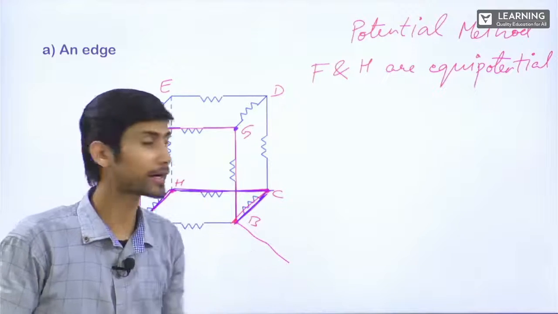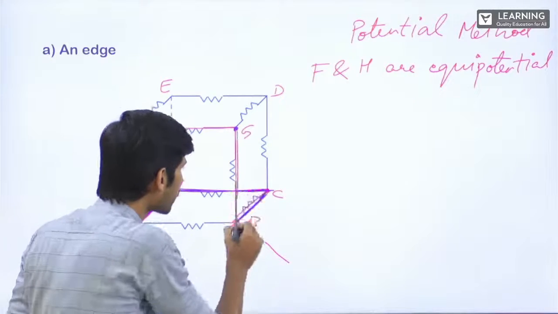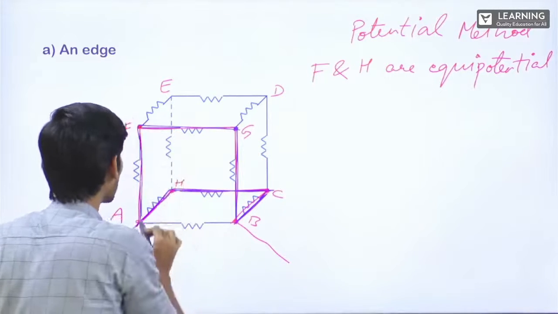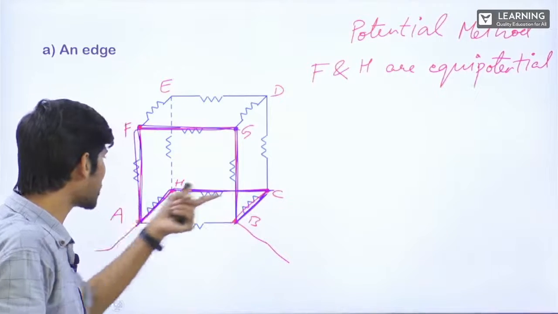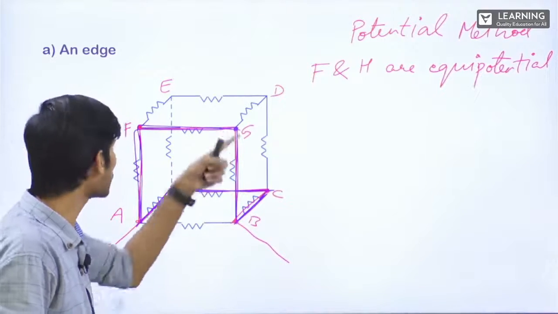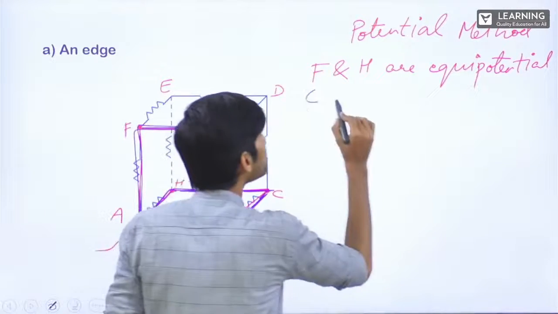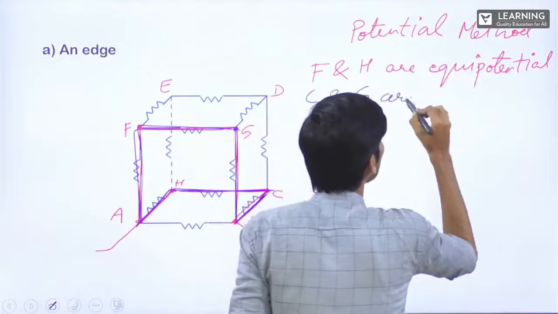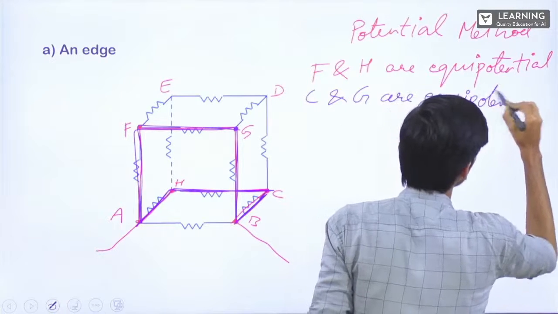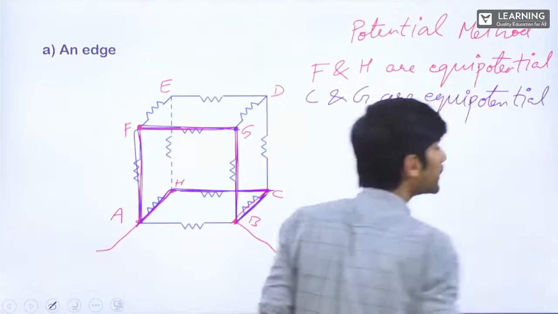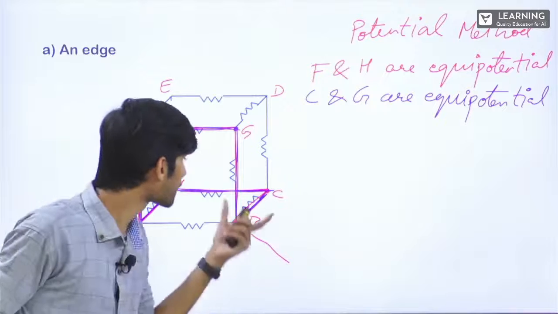Okay, it will take some practice. Now from G, till B there is one road, till A there are two roads. From C also, till B one road, till A two roads. So C and G are equipotential points. Clear? Any other point? Let's see.